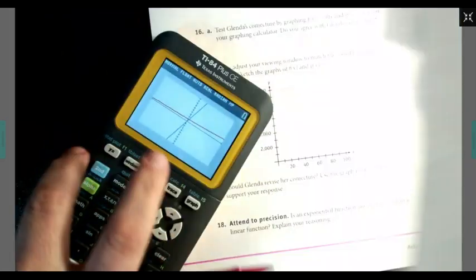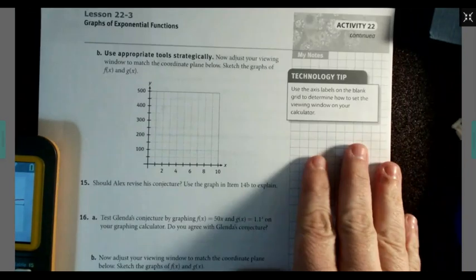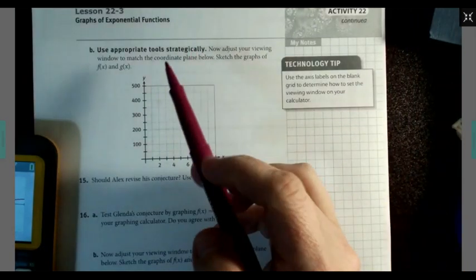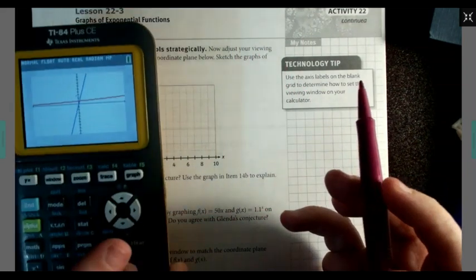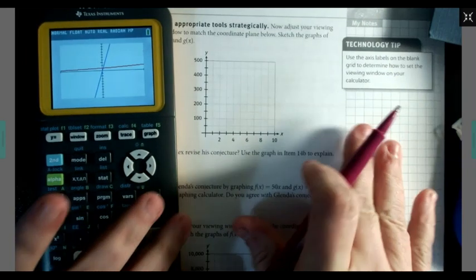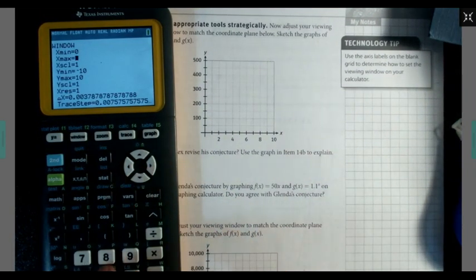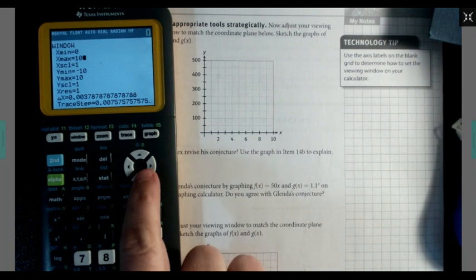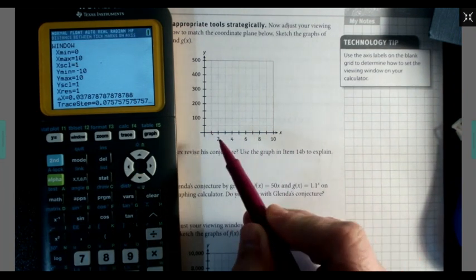Let's take a look at 14b. Now adjust the viewing window to match the coordinate plane below and sketch the graphs of f of x and g of x. Okay, so we want to go from 0 to 10 on my x, going up by ones because it counts every one.